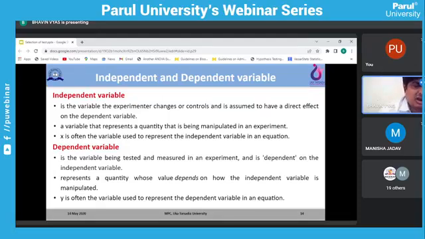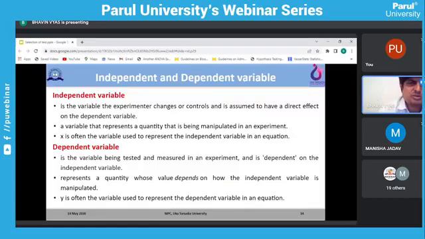If I plot a graph, my x will always be the independent variable, where the experimenter will be changing it. If I am plotting a graph of different doses versus change of blood glucose level, on the x-axis the first point will be 1 milligram of dose, the second point will be 5 milligram, the third point and so on.